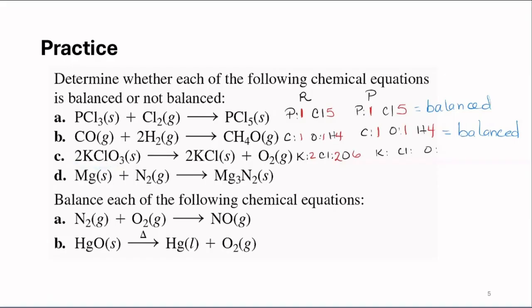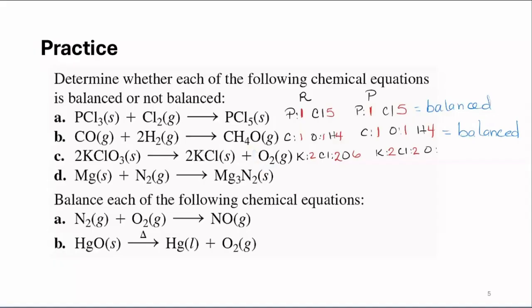When I look specifically at the product, the 2 in front of KCl means that I have 2 potassiums and 2 chlorines. Next, since I have O2 and there is no digit here, I know that there's a digit of 1.